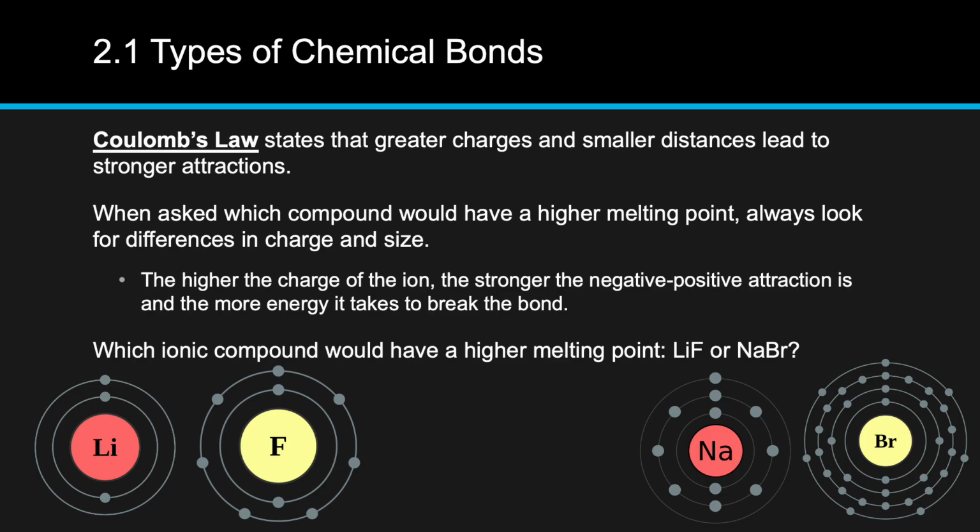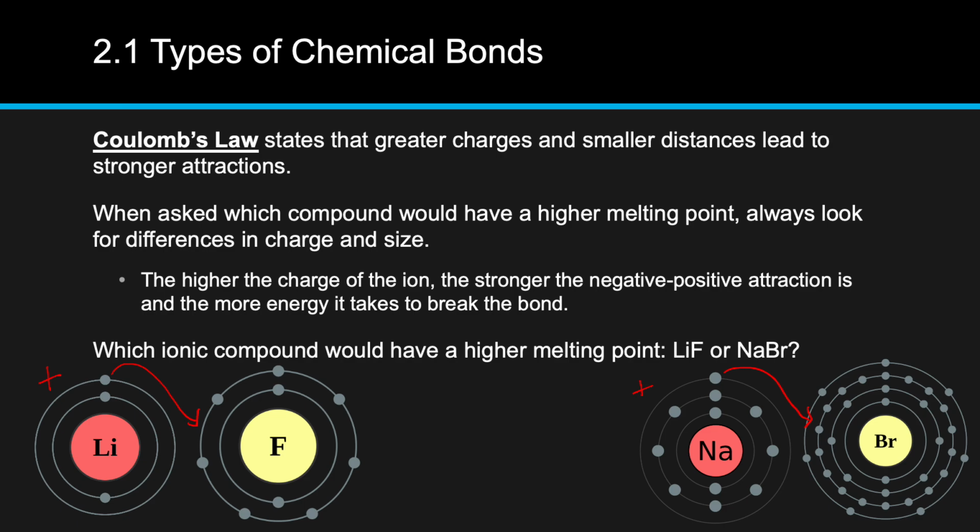Now remember, whenever we're looking at the attractions between a positive cation and a negative anion, we need to first look at charge. Now lithium has 1 valence electron, which means when it becomes an ion, it's only going to lose 1 electron, which means it has a positive 1 charge. That is the same case with sodium. Sodium has one valence electron, so it's going to donate that to bromine and have a positive 1 charge.